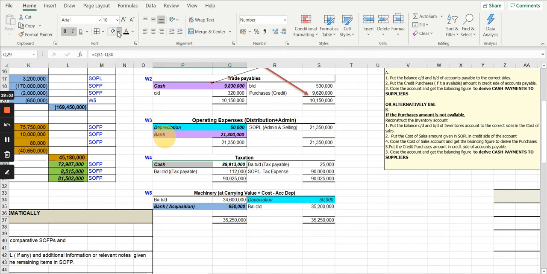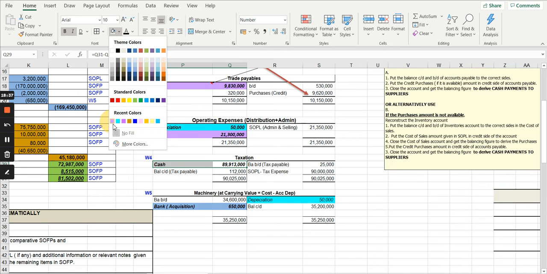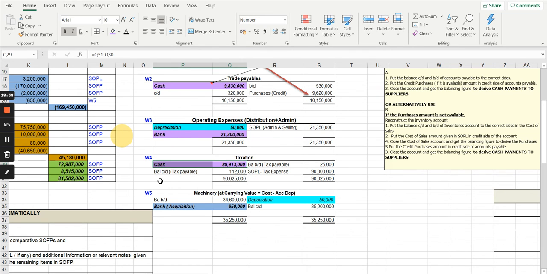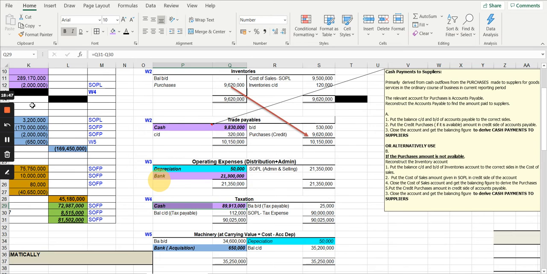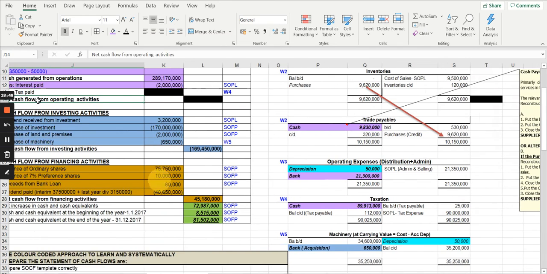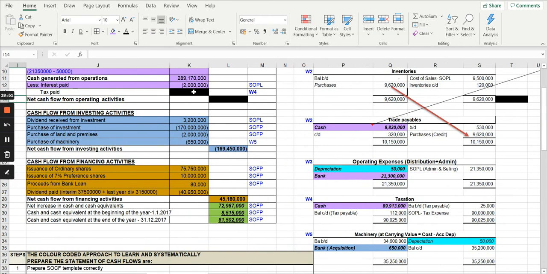And this is another operating activities cash item, meaning the amount spent on the tax payment is put under operating cash flow. So tax paid is 89,913, and any outflow is put in brackets. And this is the total.